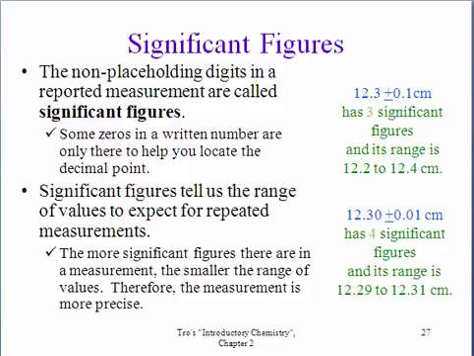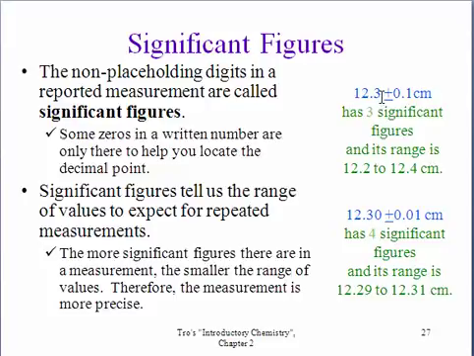Okay, now let's look at this uncertain digit, this estimated digit, which is always last, and let's look at the range of precision. When we look at a measurement such as this one, 12.3, this has three significant figures. The last one is estimated. These two are known for certain.